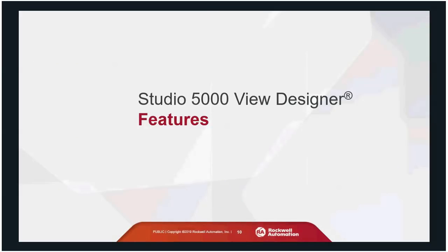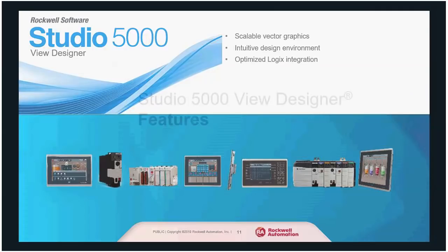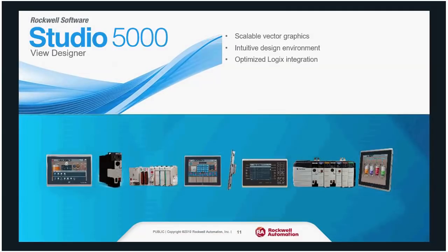So let's just talk a little bit about View Designer features. And again, View Designer is part of Studio 5000. So if you have Studio 5000, you already have View Designer. So some features of the View Designer: the scalable vector graphics, optimized Logix integration, just an easy environment to work with.